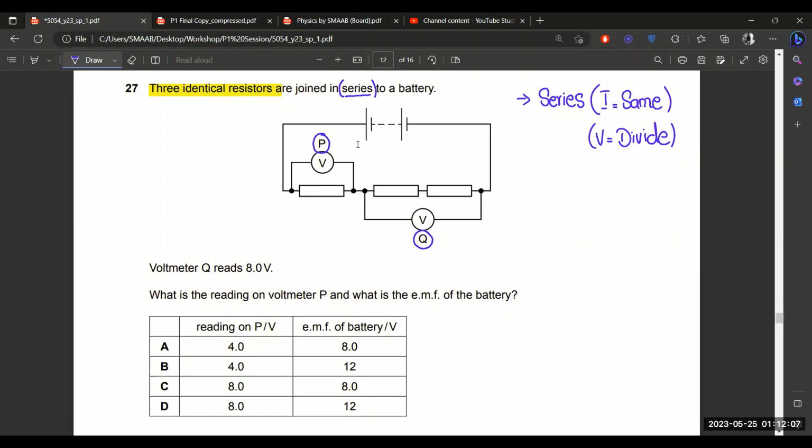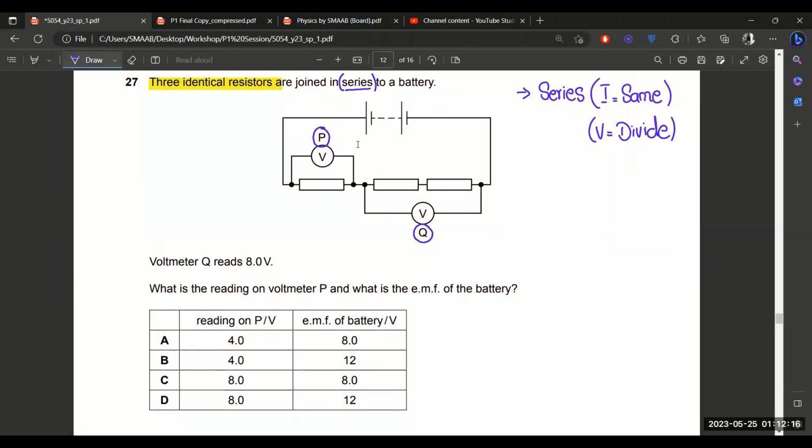In this question, the three resistors are identical, so the voltage will divide equally among all three. They mention that voltmeter Q reads 8 volts. So the voltage across these two resistors is 8 volts, and both share equal voltage, so it means 4 volts and 4 volts for each resistor.